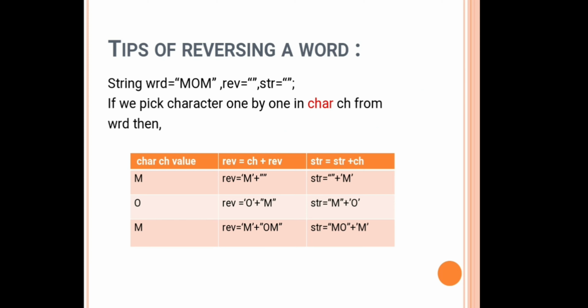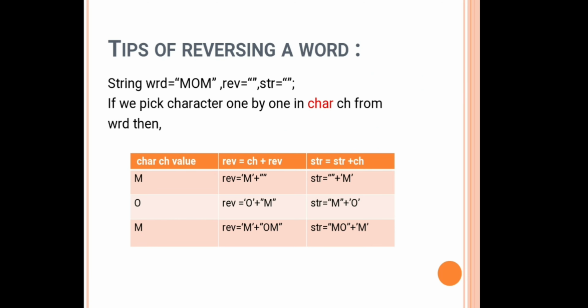From WRD we are picking one character at a time, and each character starts from the 0th position, which means the first M is in the 0th position. A string always starts with 0, always remember. Then in position one we have O, and in position two we have M.